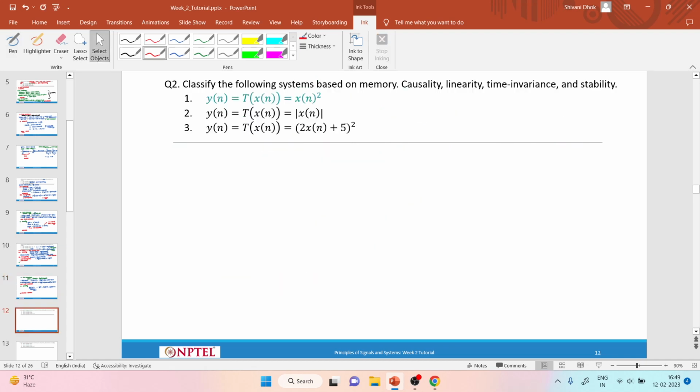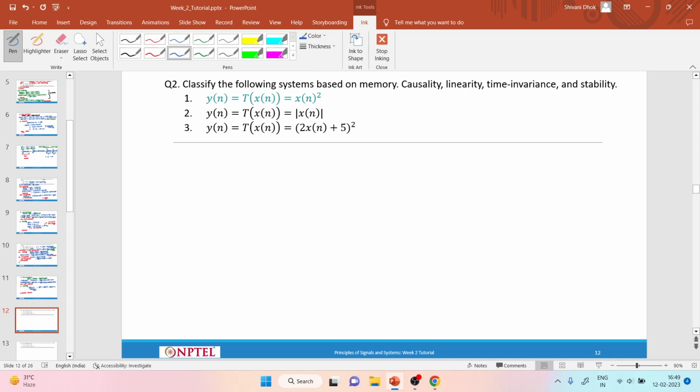Okay. Let us try to understand these properties for a discrete time system. Same definitions we are going to apply, but now we will be having a discrete time system. So let us first look at this example where I am getting square of the input as my output.